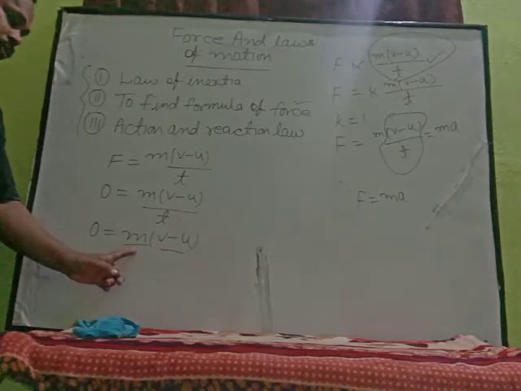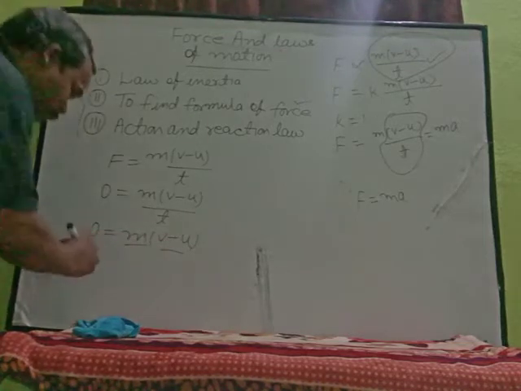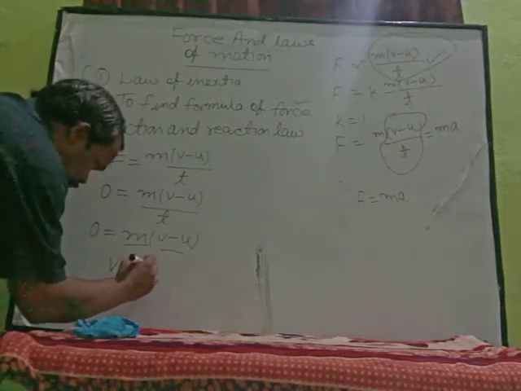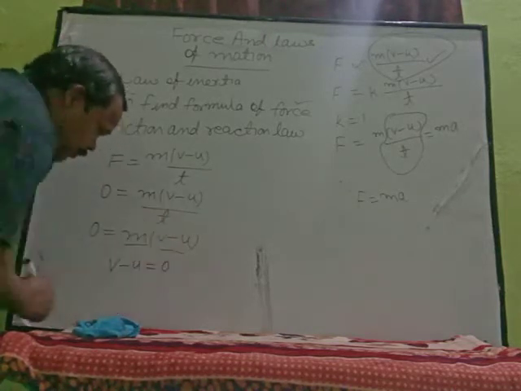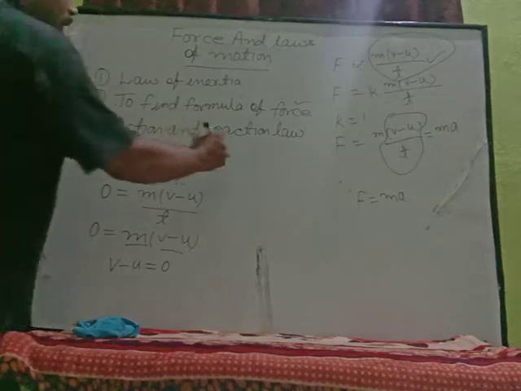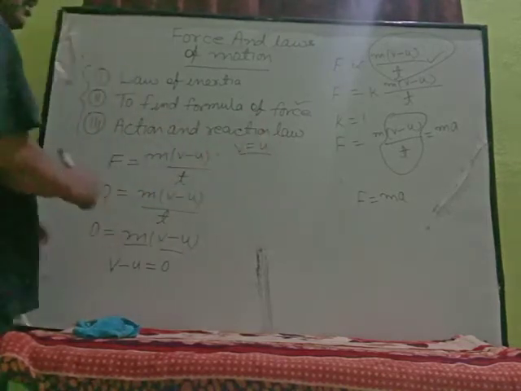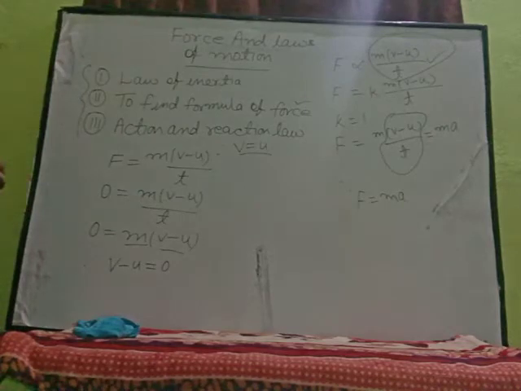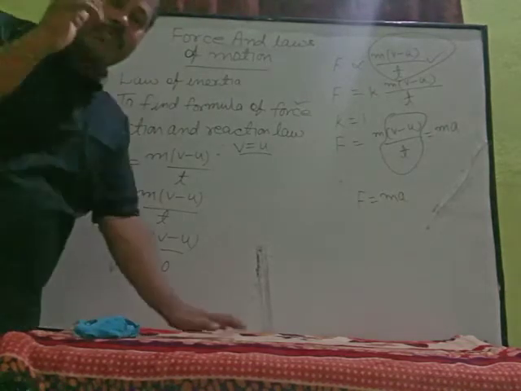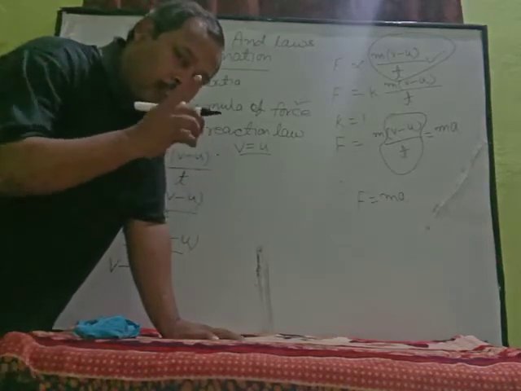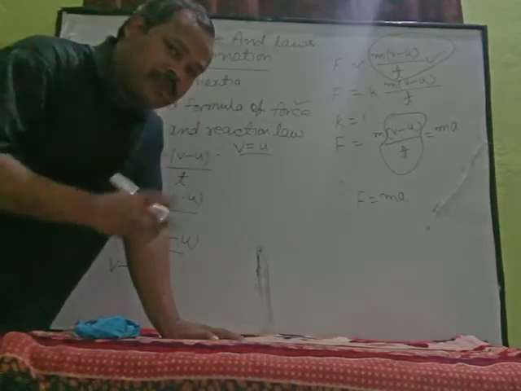Mass will never be 0, so v minus u is equal to 0. Therefore, v is equal to u. This is only possible if the body is at rest, or moving with uniform speed.